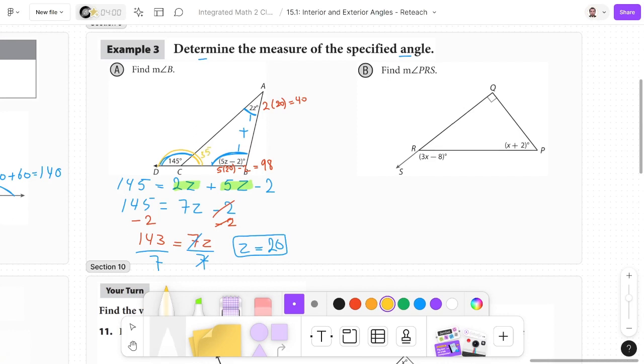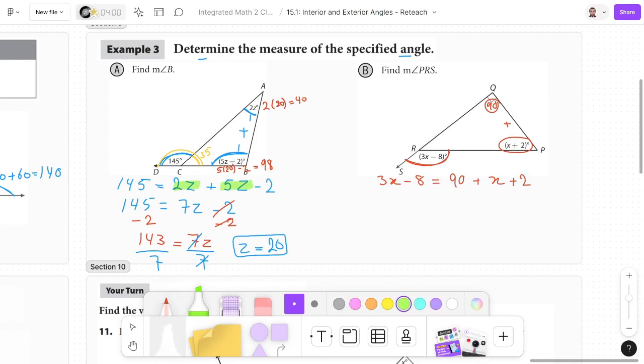Now let's solve the last question here. As you can see, this angle here is the exterior angle, and this one here is 90. So this one plus this one, which are the two remote opposite angles, is equal to this. So now 3x minus 8 equals 90 plus x plus 2.